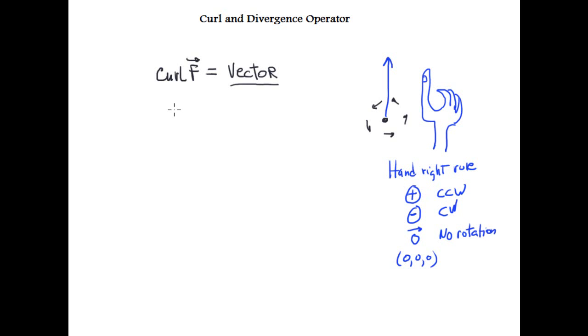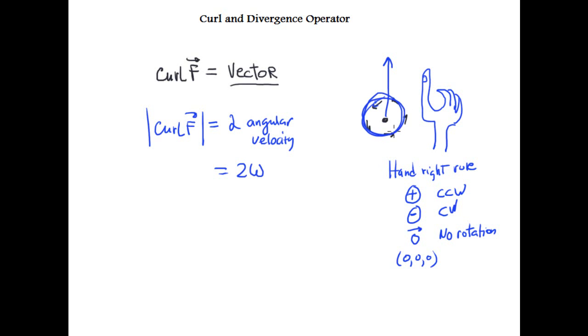And by the way, the magnitude of the curl of F represents twice the angular velocity, 2 omega, at which this vector field rotates. Omega is the angular velocity in radians per second. Okay? Let's see an example now.